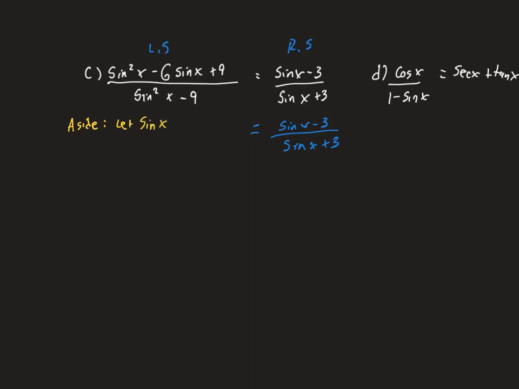So I'm going to let sine x equal to just an x. So basically, sine squared x is x squared, minus 6 sine x, which is 6x, plus 9. So this expression is the same thing as saying x squared minus 6x plus 9.